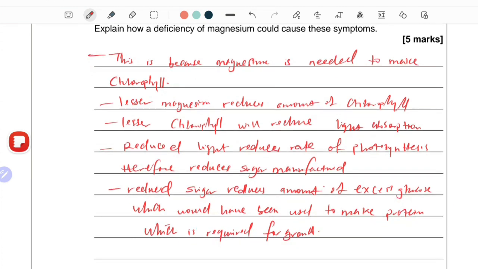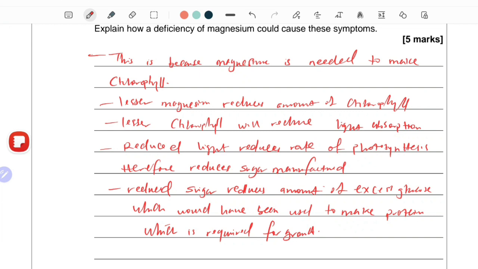Because usually when you have enough sugar, some of it can be converted into protein and also even into fat. So because there's not enough photosynthesis taking place, there won't be enough sugar.